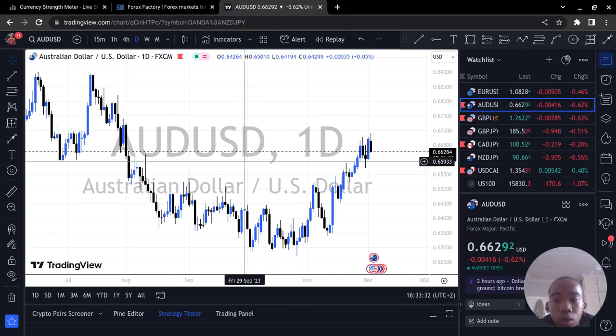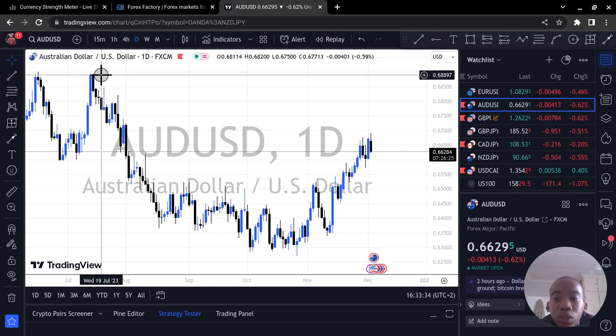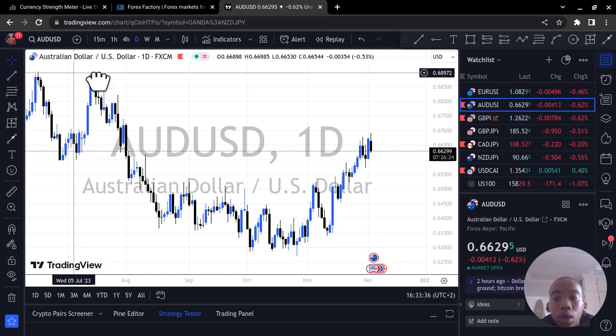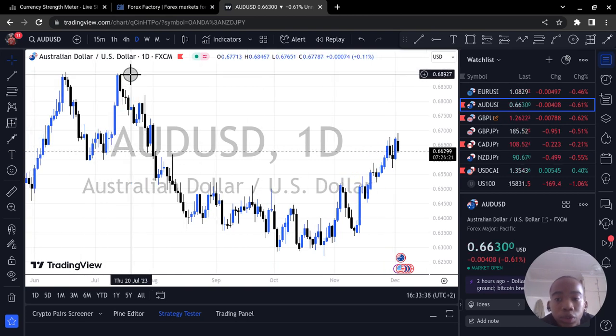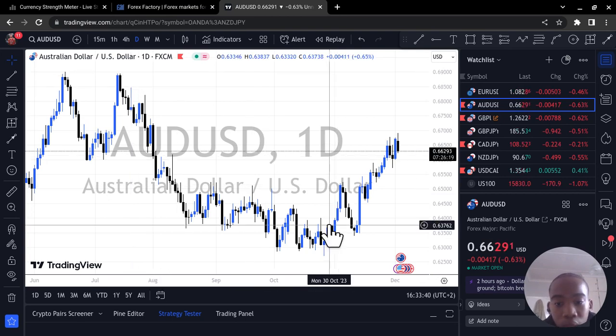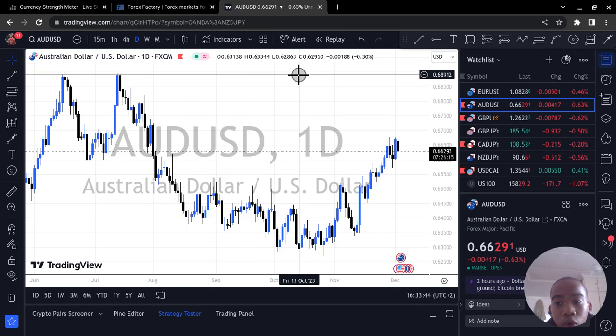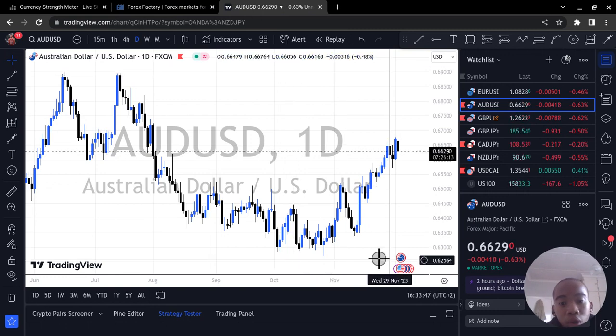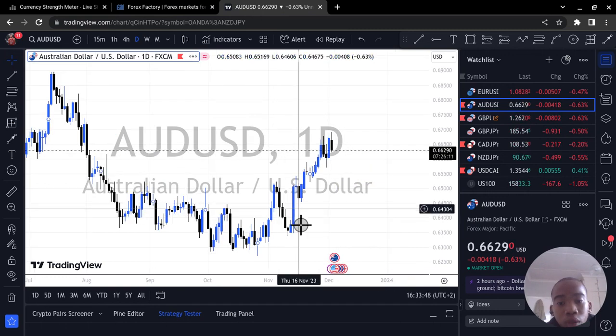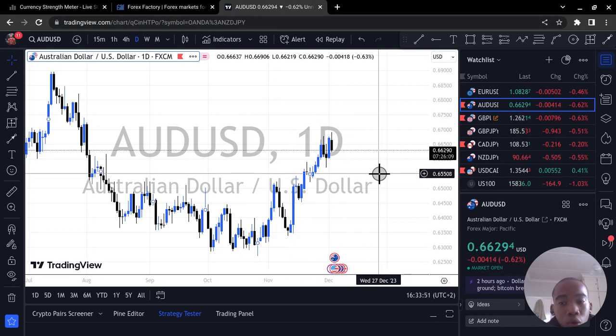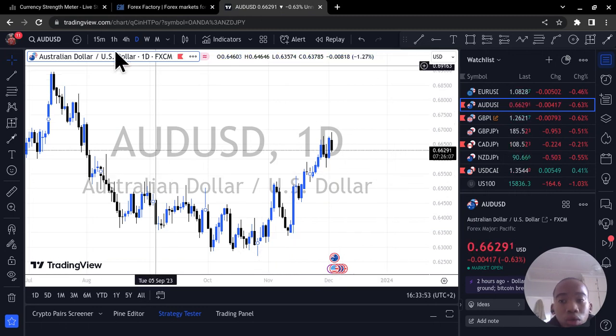So we have previous structure that shows a double top here, which shows resistance, and I would say now price has bounced off of the support. It should be aiming for somewhere around here, right? Obviously it's not going to go straight there. It's going to trend, going to make its highs, lows, highs.